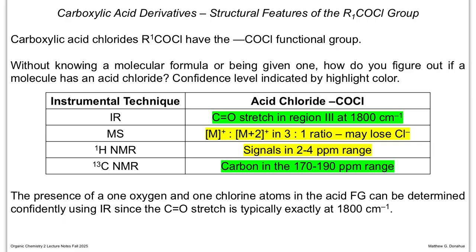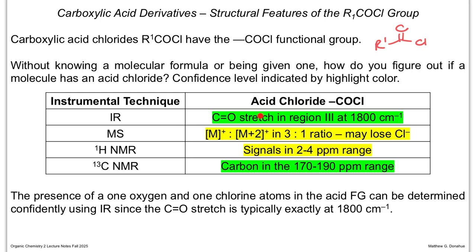So we know how to make the acids. We now have two ways to make acid chlorides. What are the spectral signatures? For an acid chloride, it always has to have a carbonyl chlorine, regardless of what that R1 is.